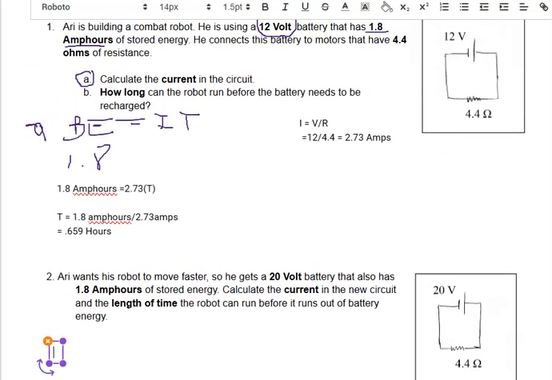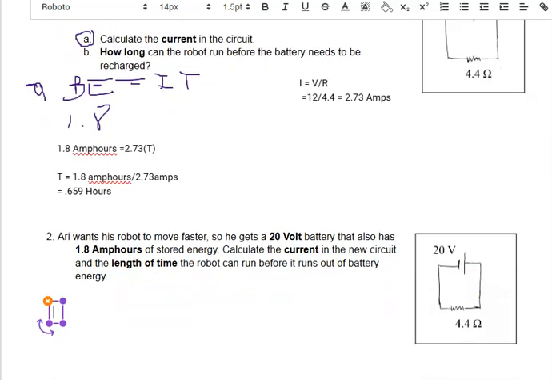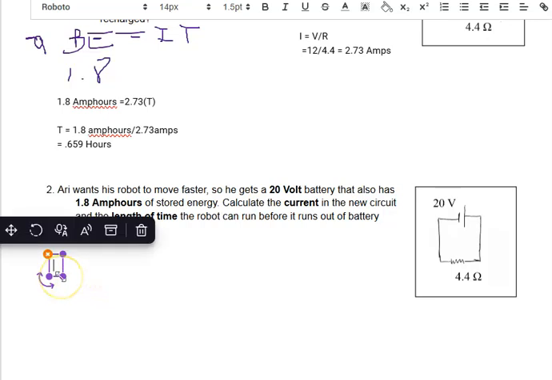So it potentially is going to run down faster. Now it's going to have a different current, but guess what? The current's going to be higher because the voltage is higher. So you're going to have both more current, more electrons per second, and more energy given out per electron. That's doubly bad if you want to preserve your battery life.